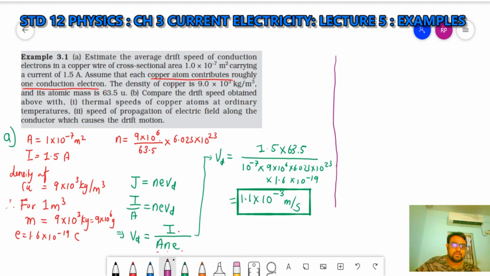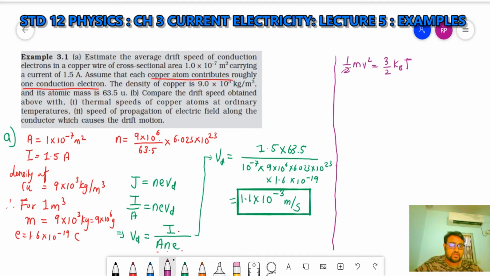For thermal speed I will use thermal energy, that is half mv square will be equal to 3 by 2 kBT, where kB is the Boltzmann constant. Let's take the temperature as 300 Kelvin. Compare the drift speed obtained above with the thermal speed of copper atom at ordinary temperature, so for ordinary temperature I am taking T as 300 Kelvin.